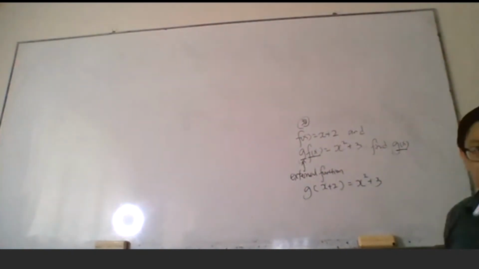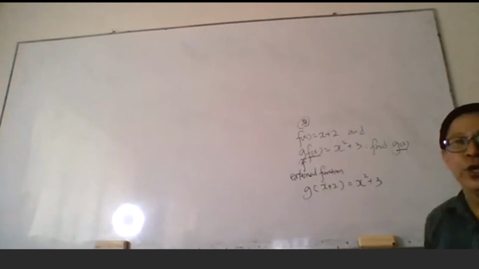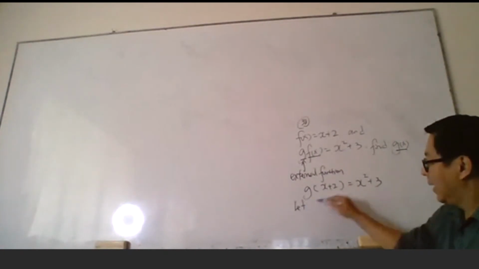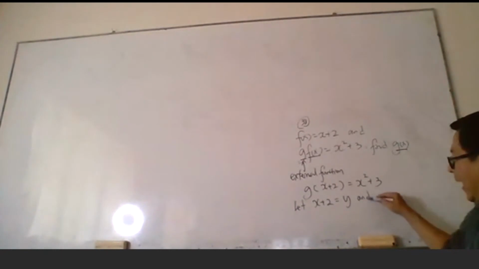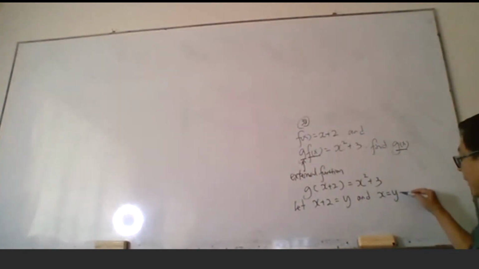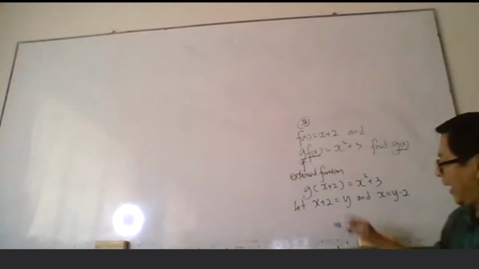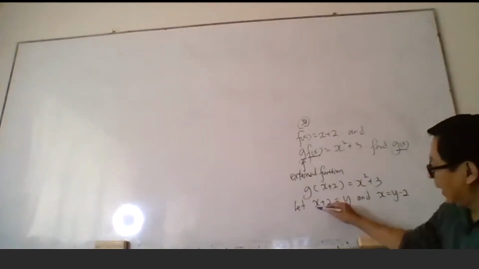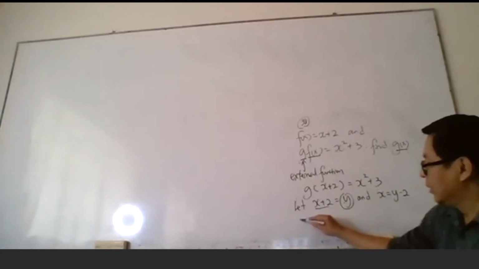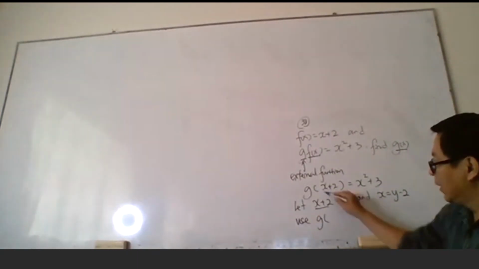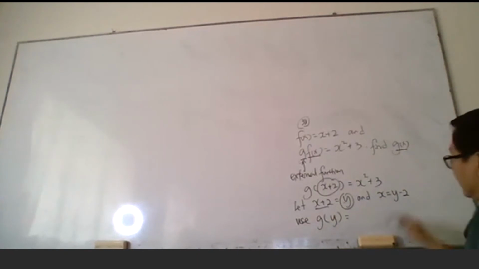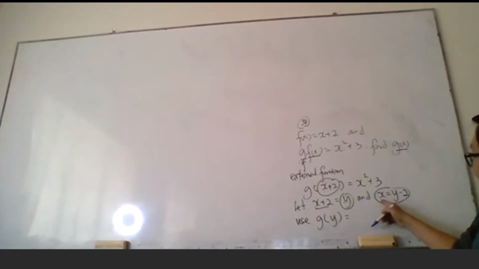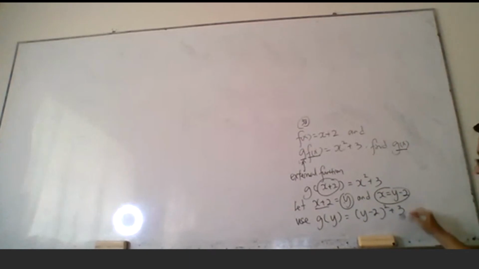Now in the school, usually they will tell you this. They will let x plus 2 change to y. So x will be y minus 2. Then the teacher will substitute x plus 2 as y into that. So they will use g, and the whole thing changes to y. At the same time, x becomes y minus 2, squared, plus 3.